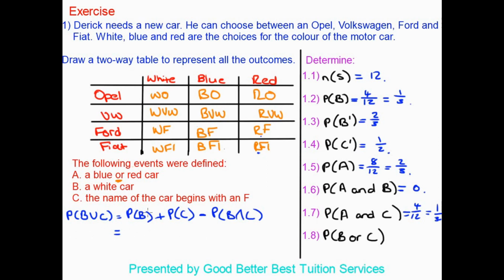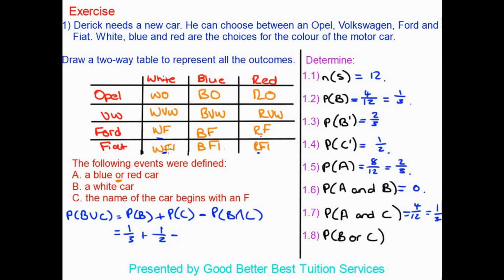And so the probability of B, did we work it out? Yes, we did. It was a third. And then the probability of C, we also worked out. It was over here. It was a half. Minus the probability of B and C. We didn't work that out, so let's just check quickly for the different outcomes, or we can do it by inspection quickly. So the probability of B is a white car, and C is the name of the car begins with an F. Because it's "and," that means that the car must be white and it must begin with the letter F. And that would refer to both of these cars over here, the white Fiat and the white Ford.